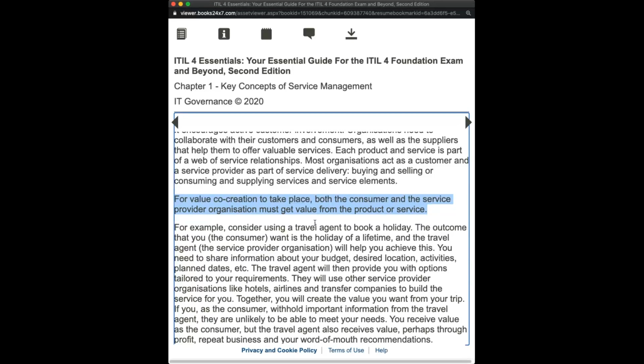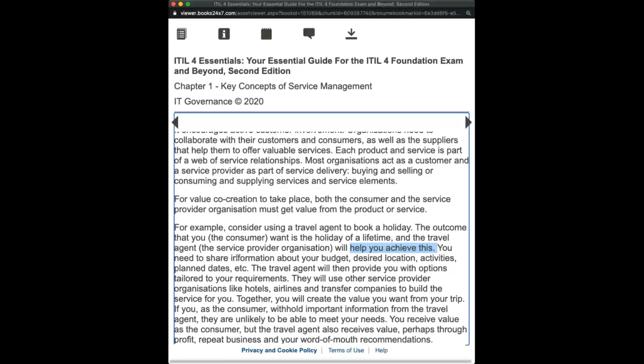So here's an example. You use a travel agent to book a holiday. Let's say I go to a web app and let's say I use a platform, not the airline, where I can book a holiday, right? The outcome that you, the consumer, want is the holiday of a lifetime, and the travel agent wants to help you achieve this.